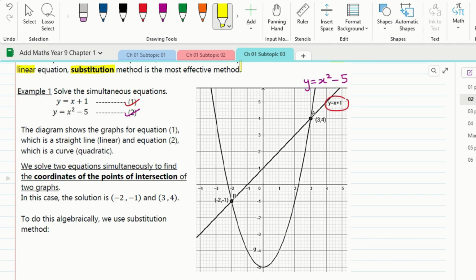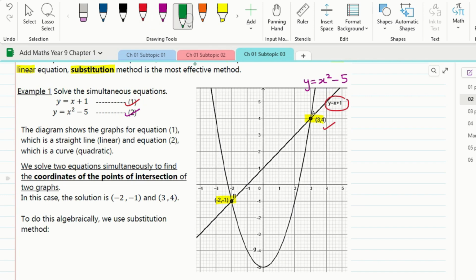Now if you have a look carefully, these two graphs will intersect, or meet, at two different points. These two different points are the solutions for the simultaneous equation. Here you can see at A, x equals 3, y equals 4, if you read the coordinates carefully.